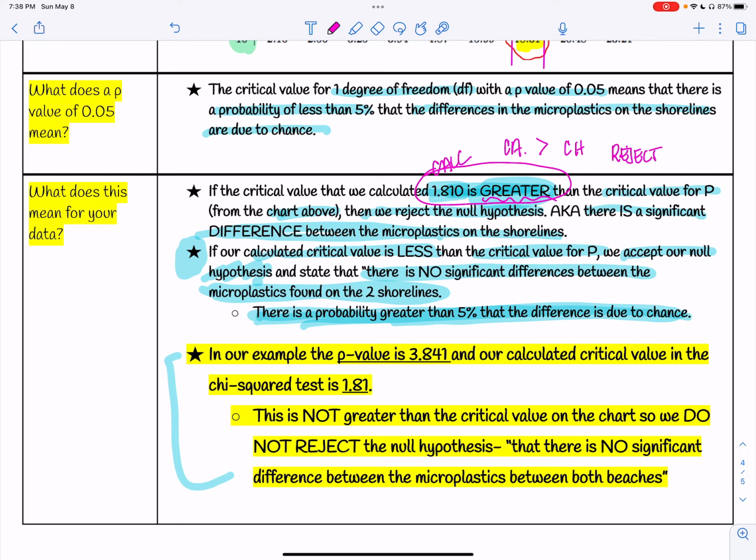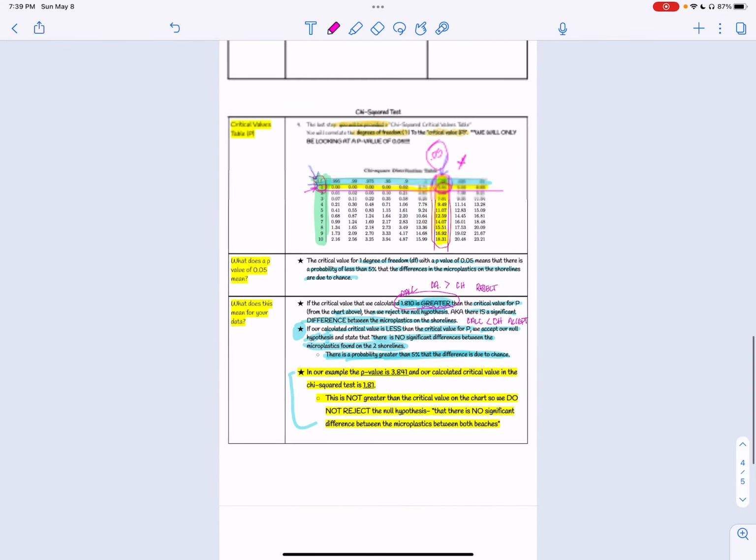But if it's less than, then we will accept the null hypothesis that there is no difference. Okay, great.